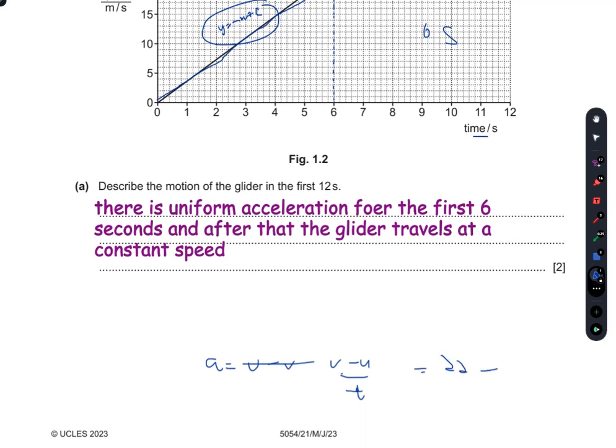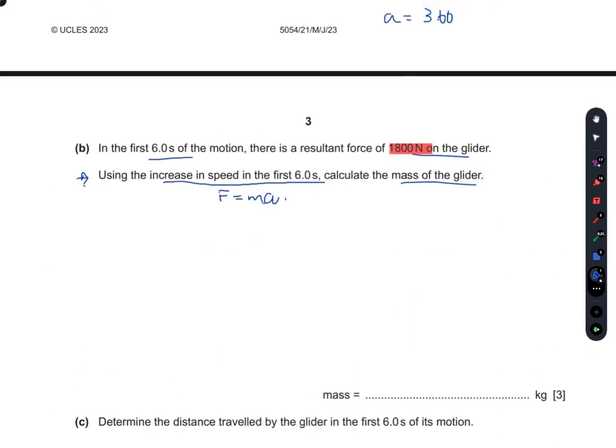So 22 minus the initial velocity 0, divided by the time 6. So the answer is 22 divided by 6, which is 3.66. So the acceleration is 3.66. Now I put the values in F over a to get the m.